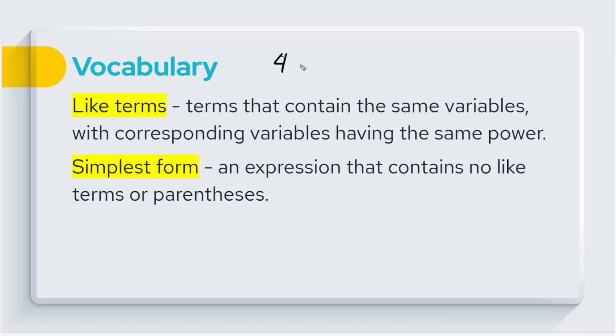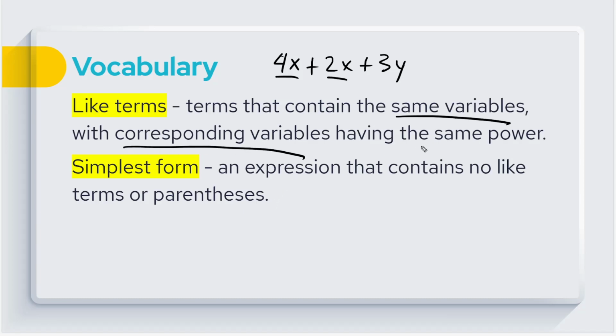Okay, so 4x plus 2x plus 3y. These two are like terms because they have the same variable and the same power, right? So these are both to the power of 1, basically. So this can be rewritten as 6x plus 3y.